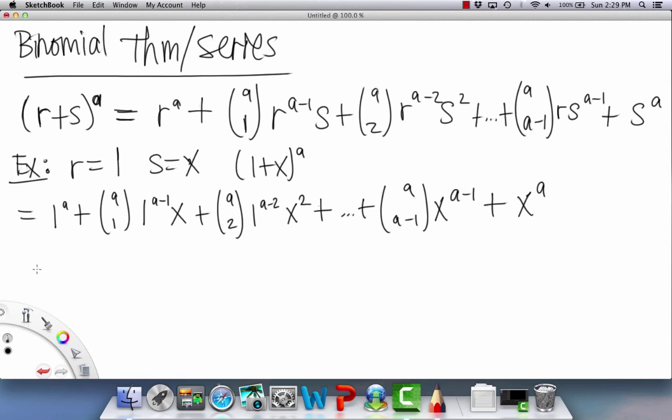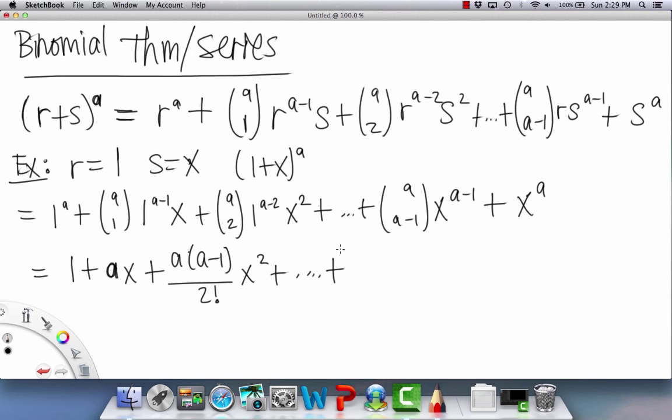Here's another way to rewrite this. I'll write the other form of the binomial coefficient. This 1 to the a is just 1. Then we have a over 1 factorial times x, plus a times a minus 1 over 2 factorial times x squared, plus dot dot dot.